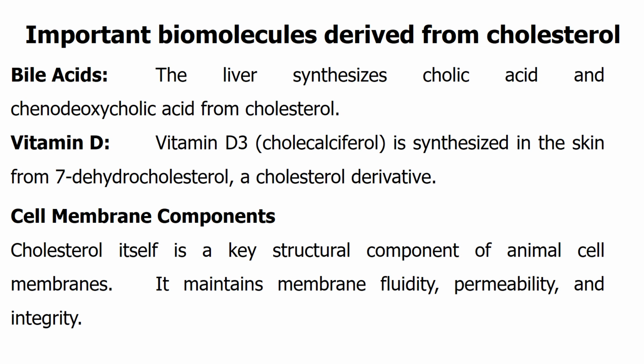Now, the liver synthesizes cholic acid and chenodeoxycholic acid from cholesterol. Vitamin D3 is synthesized in the skin from 7-dehydrocholesterol, a cholesterol derivative. And cholesterol itself is a key structural component of all animal cells, where it maintains fluidity, permeability, and cell integrity.